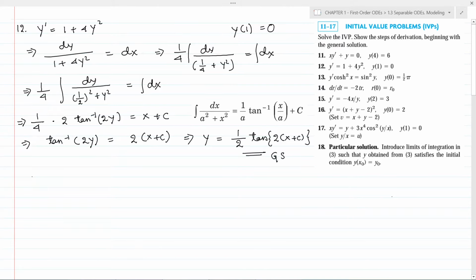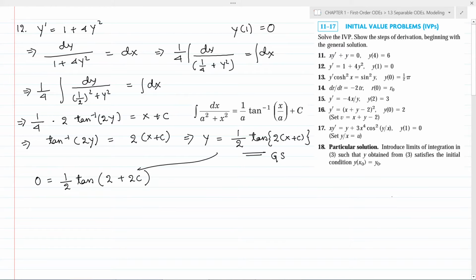Now we can get the particular solution by substituting the initial value condition into the general solution, and from that we can write 0 is equal to half tan of (2 + 2c).